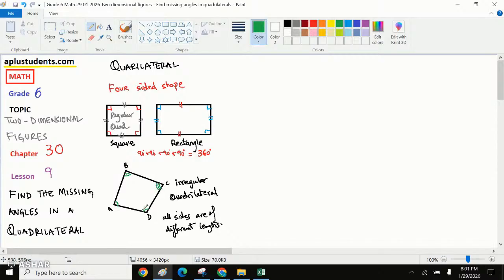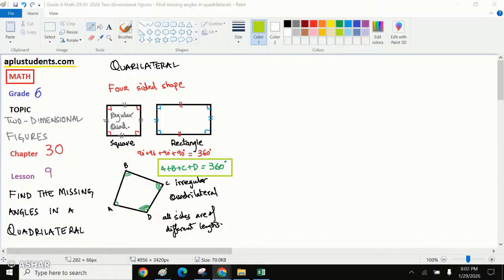Whenever we have a four-sided shape, the sum of the interior angles would always be A plus B plus C plus D. When we add all the angles together, it would always be 360 because this is a quadrilateral, right? So if three angles of a quadrilateral are given to us, we can always find the fourth. The sum of the interior angles of a quadrilateral would always be 360.